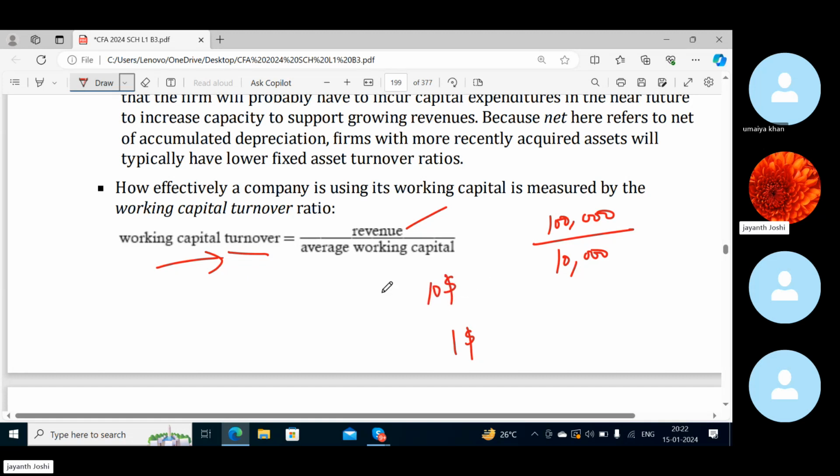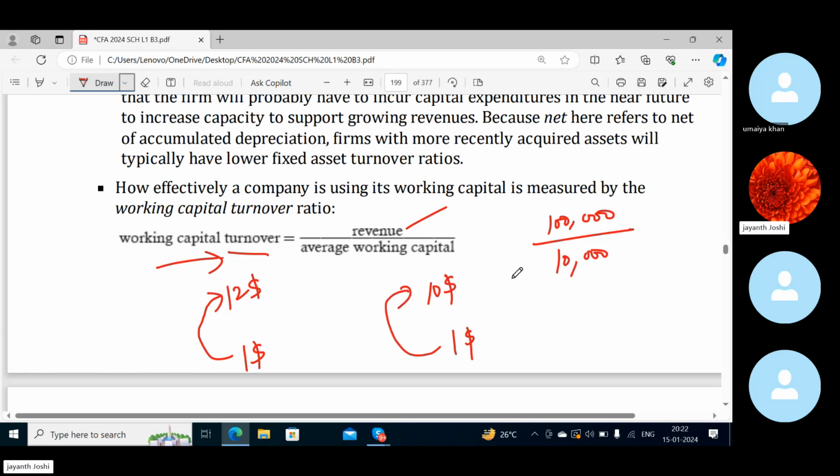If for $1 investment of working capital, I am able to generate $12 of revenue, that is better than generating $10 of revenue. With less amount, if I generate more revenue, that is always desirable. $1 investment in working capital gives me $12 of revenue, $1 investment in working capital gives me $10 of revenue.